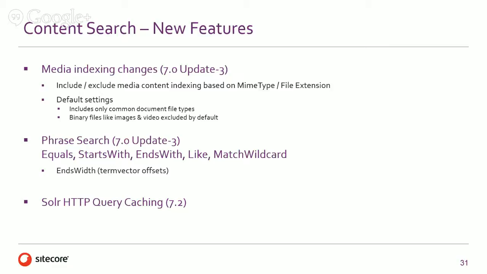Also in update 3, we added support for phrase searches. So if you were to do a query like a title equals and then a string, and if that string contained a phrase, multiple words, then we would have just treated this string as a single token, a single term, and you would probably not get the right search results.